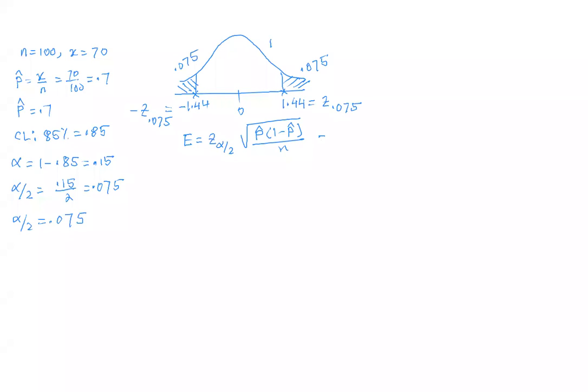Z sub alpha over 2 is going to be 1.44 times square root of p hat. P hat is 0.7 times 1 minus p hat is 1 minus 0.7. That's going to be 0.3. All of it divided by the sample size of 100. And that should give you 0.7 times 0.3 divided by 100.